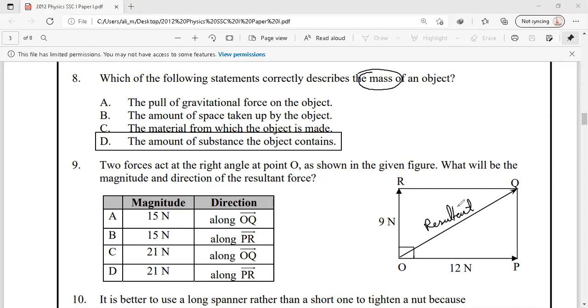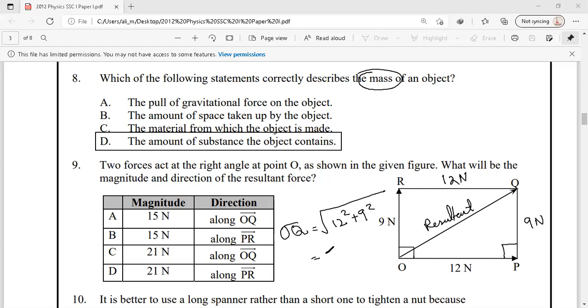We know that in this rectangle the opposite sides are equal, so the opposite sides will be 9 and 12 as well. To find the resultant, we know that this is 90 degrees, so we can apply the Pythagoras theorem. OQ will be the resultant, that is equal to the square root of 12 squared plus 9 squared.